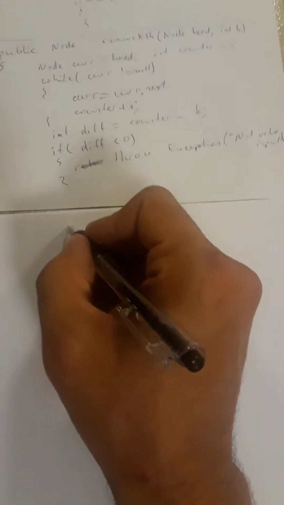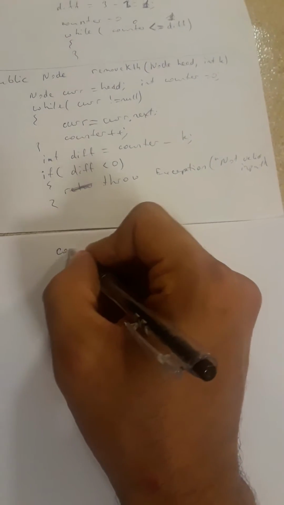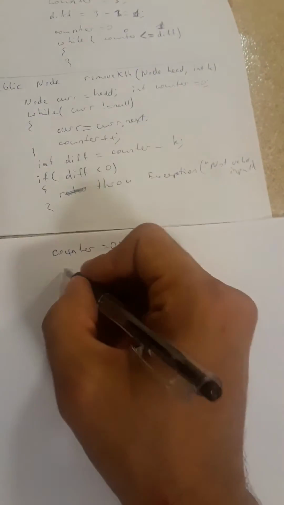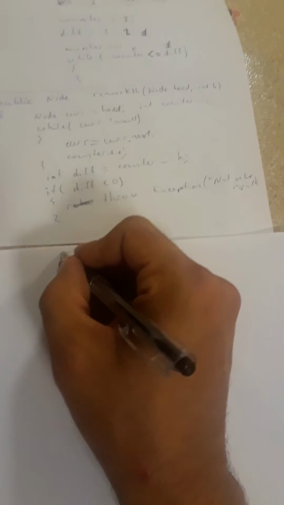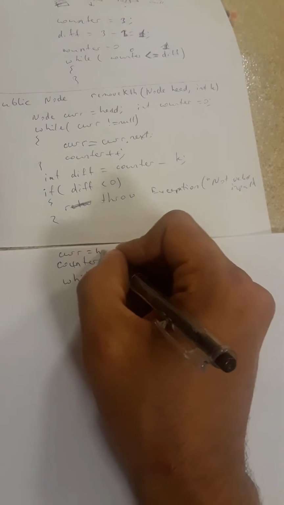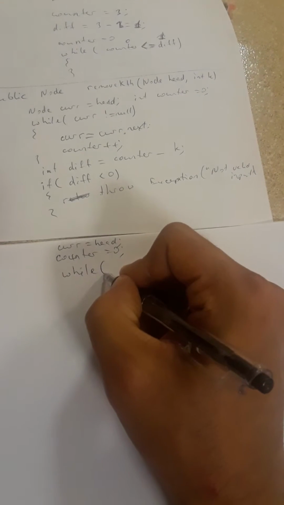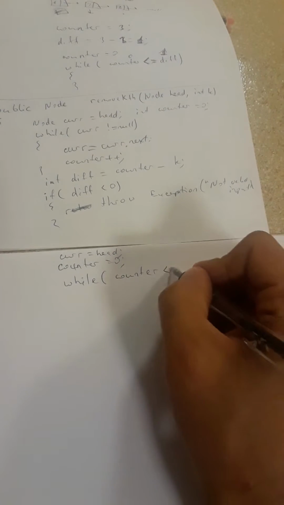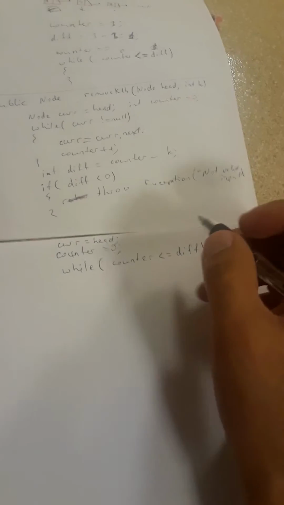And in another case, I'll reset my counter to 0 and also reset my current node equal to head, and after that I'll initialize a while loop, running it until the counter is equal to the difference.